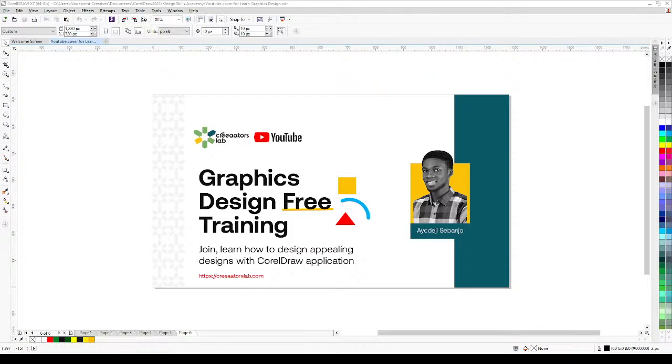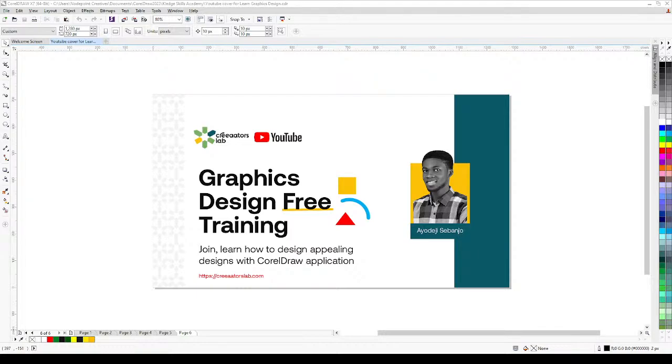But where a graphic designer comes in is when we begin to bring shapes, text, and elements together to pass information. When we begin to bring together lines, colors, illustrations to pass information, we are talking about graphic design.